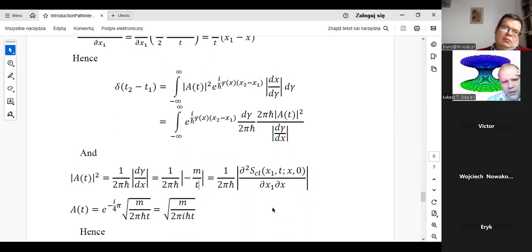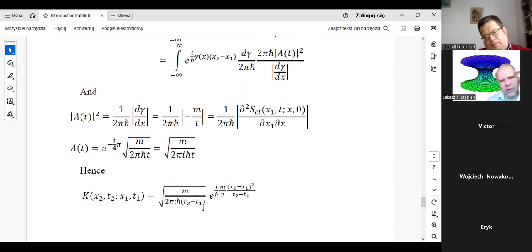So A of t is equal to the square root of such a term. Hence, we can write down our expression for the kernel, and this is the kernel for a free particle.